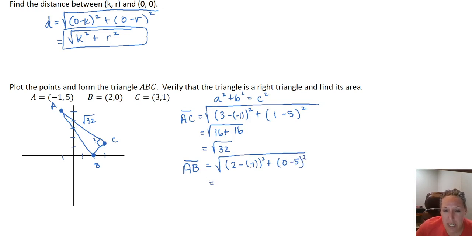So 2 minus a negative is going to be 2 plus 1, or 3 squared, which gives us 9 for our first term. And then negative 5 squared is 25. When we add those, we get that that's going to be 34.